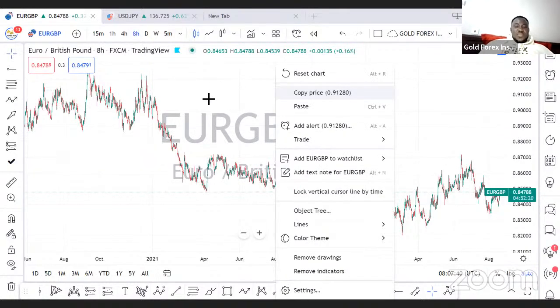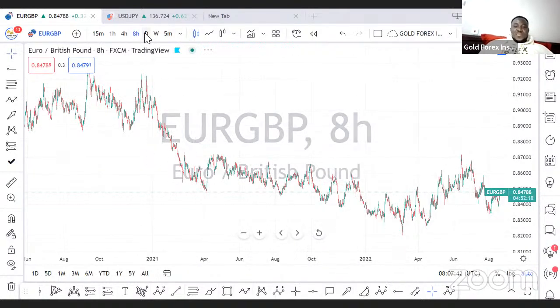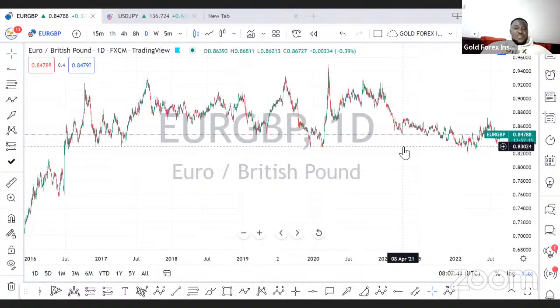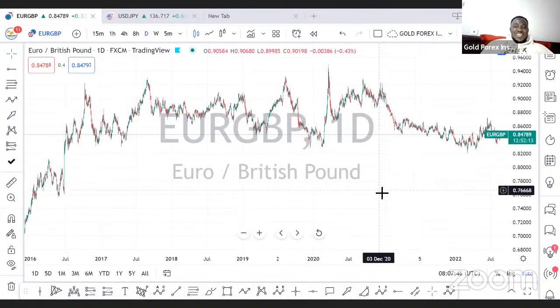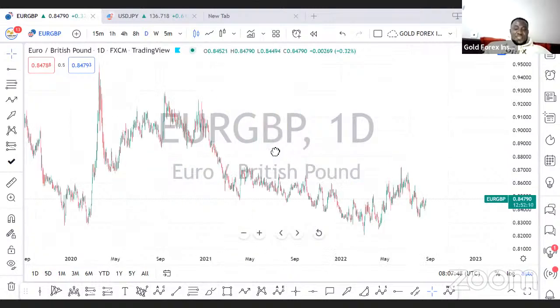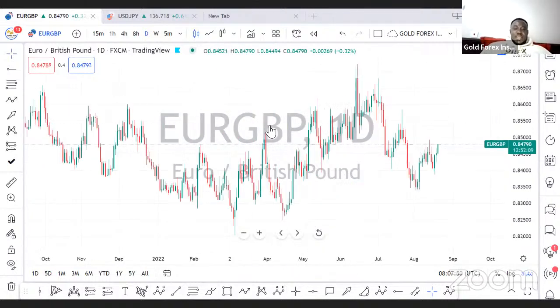Euro pound is not a perfect setup for me. Come on, look at this. It's not a perfect setup, but it is what it is. There is something happening over here.